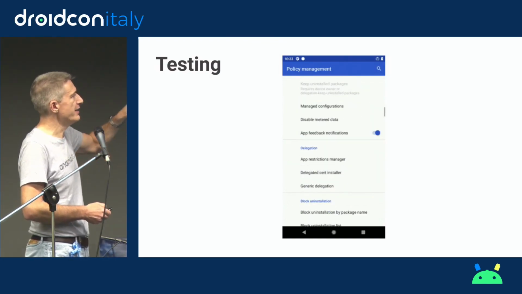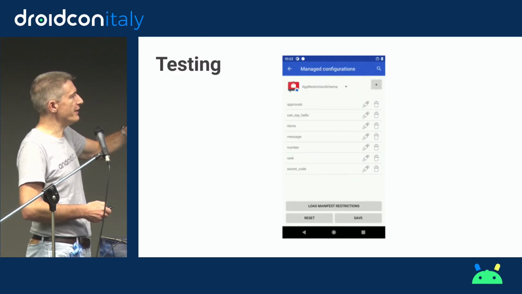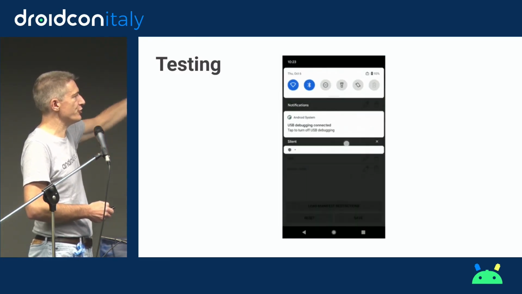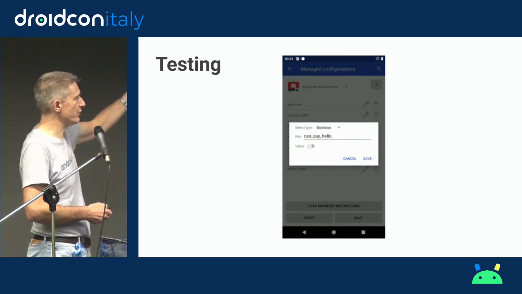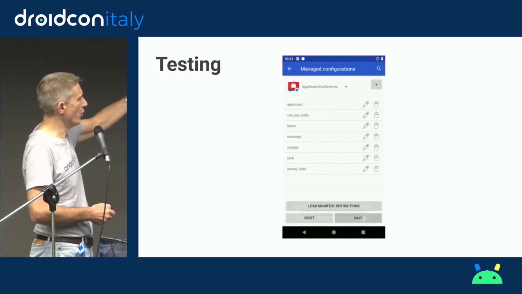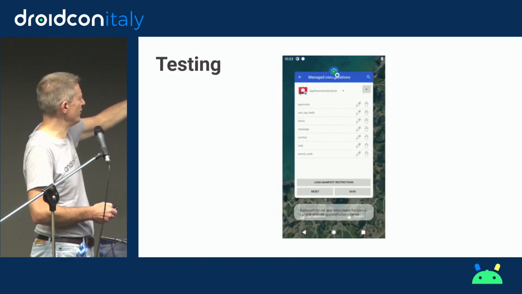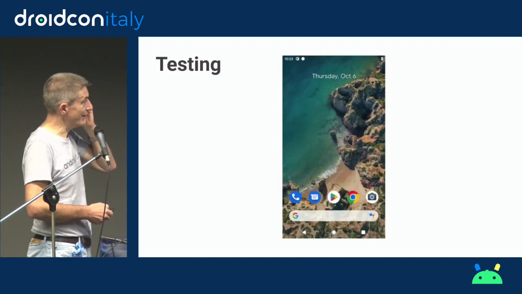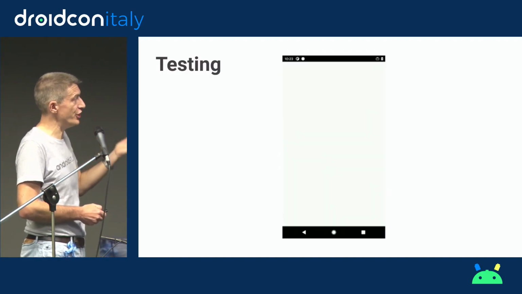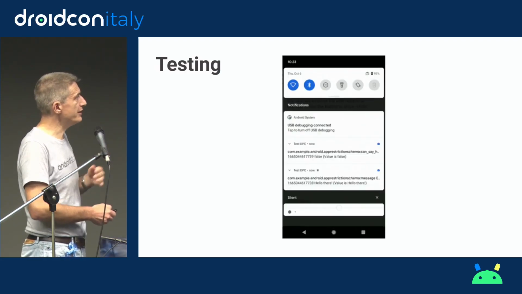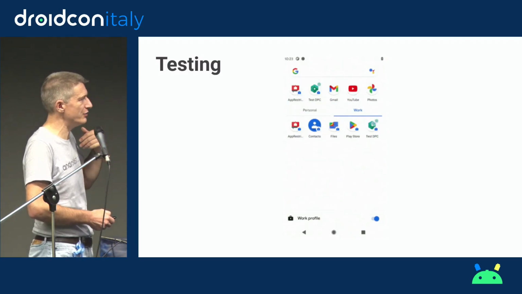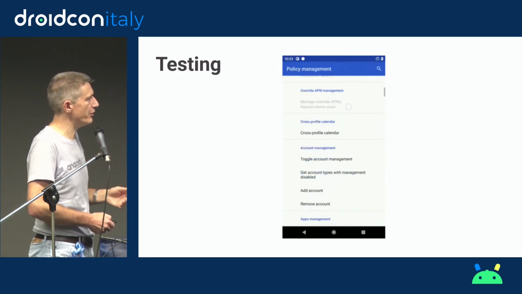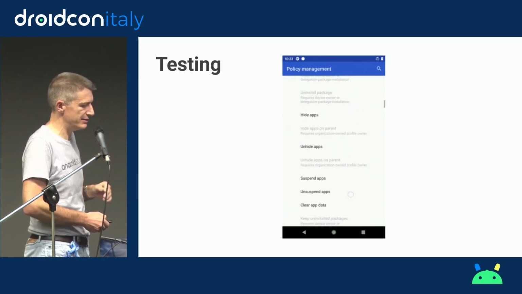Because in this case, TestDPC is saving all the different configurations, all the different keys, the application is going to receive all 7 of them, even if I change only one of them. So in this way I can see on a device locally, without having to use the managed Google Play or anything like that, I can test this.